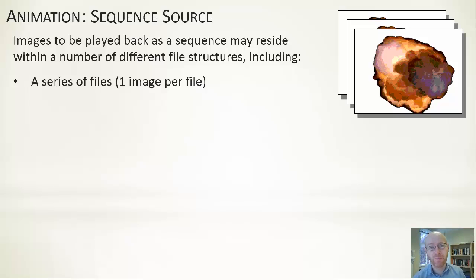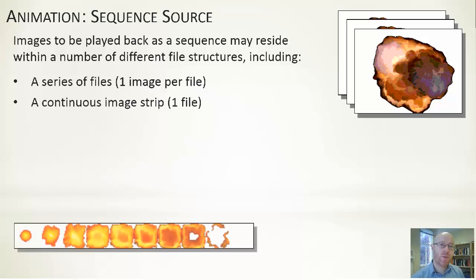Fair enough. Another option is known as an image strip. You can see it's down at the bottom, where we have a total of 10 frames, in this case showing the frames of an explosion effect. So there it is, one file, one image, but inside that we have basically concatenated together all of the different frames of the animation.